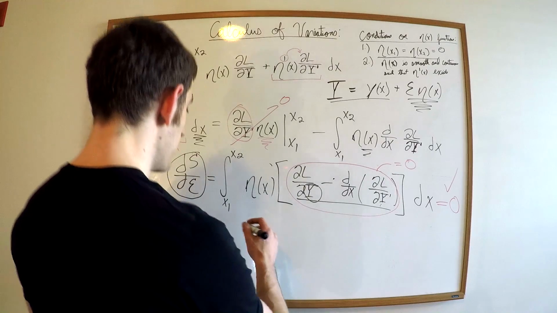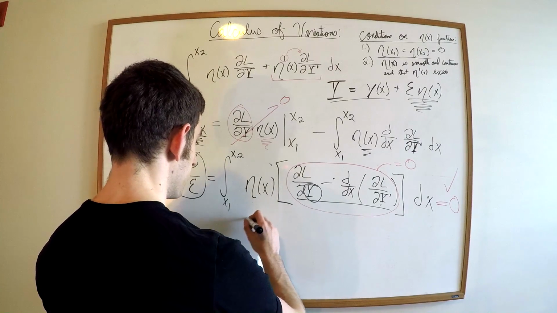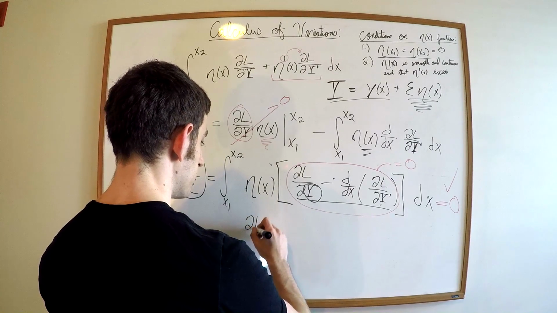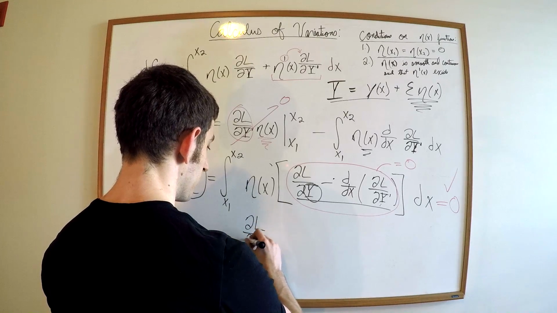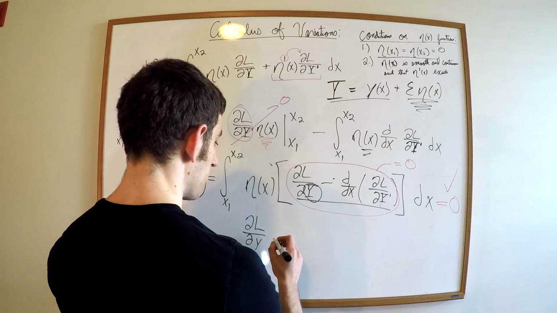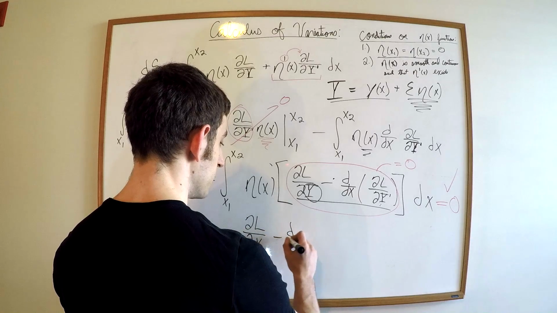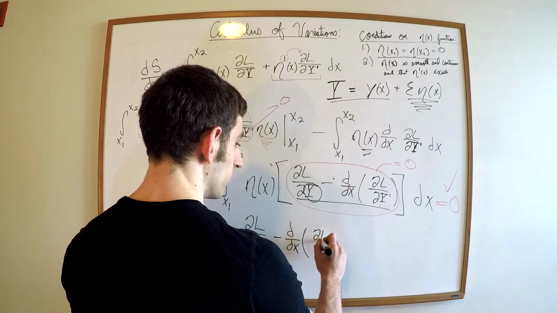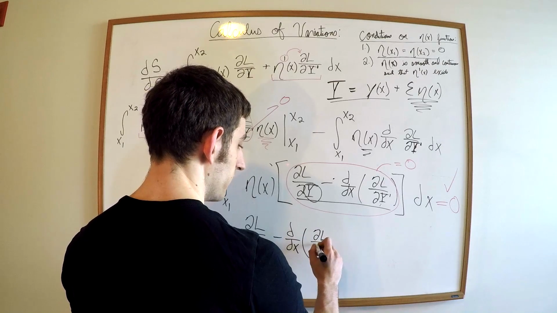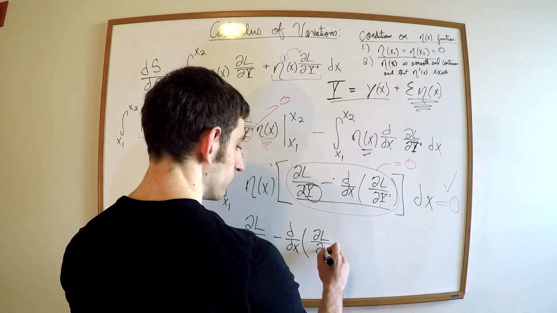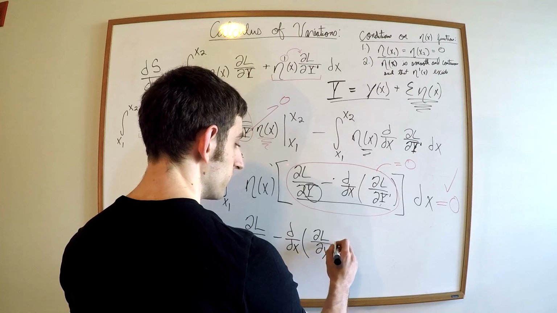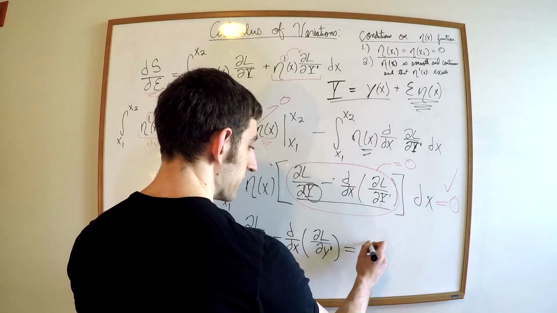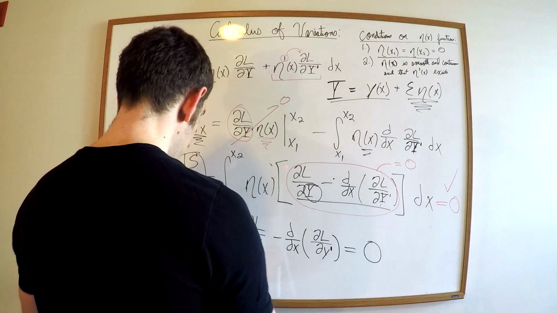So what we're going to say is that dL/dy minus d/dx of the partial of L with respect to y prime is equal to 0, okay?